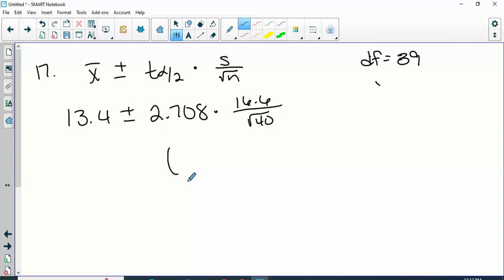So go to our calculator, 13.4 minus the margin, and then 13.4 plus. If you do second enter, you can bring it back up and do the plus. So that gives us the upper and lower bounds.